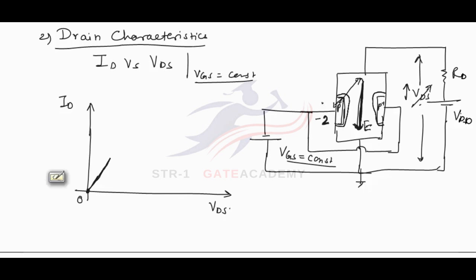Further increase in VDS will further increase the reverse biasing and hence the depletion layer width. But with increase in depletion layer width, the field is becoming stronger. This electric field E is becoming stronger, and charge carriers will flow with higher velocities and will determine higher drain current, and the current continues to increase linearly with VDS.